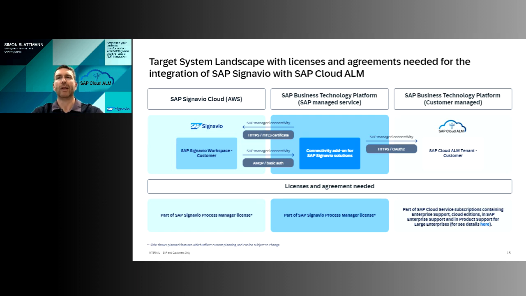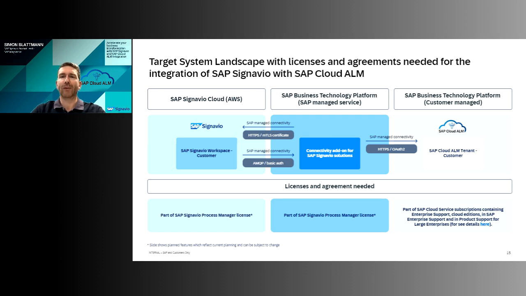Okay, so here is basically the landscape I just described to you at a high level. In the middle, we have the SAP Business Technology Platform, where we offer the connectivity add-on via an SAP managed service. This is what you are triggering via SAP for Me.